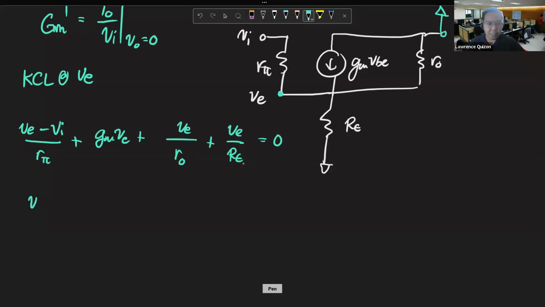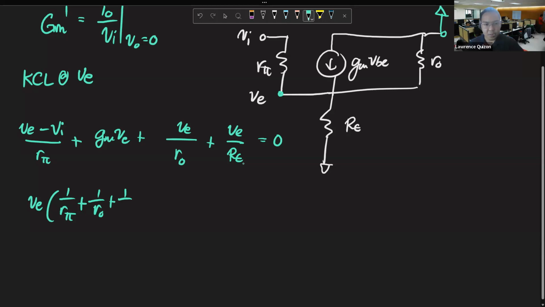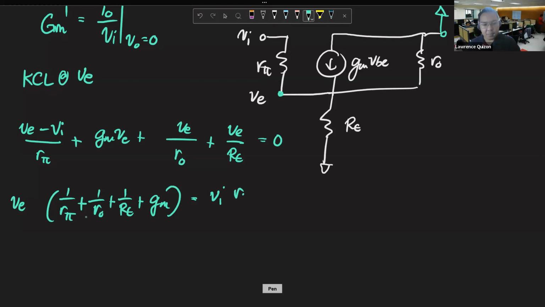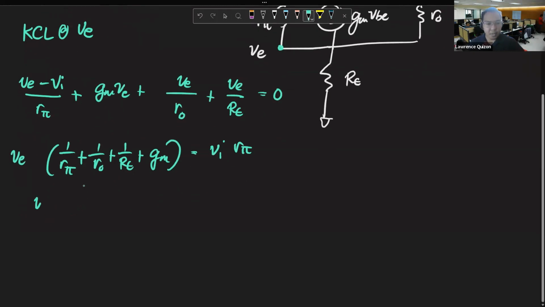And the simplified form is now VE times (1 over R pi plus 1 over R out plus 1 over RE plus gm) equal to V in. Kaso mag-multiply tayo ng R pi kay V in. So now, the final form is ito.